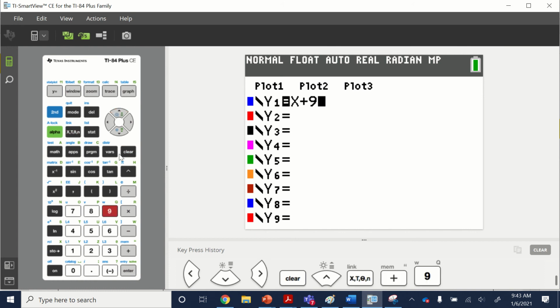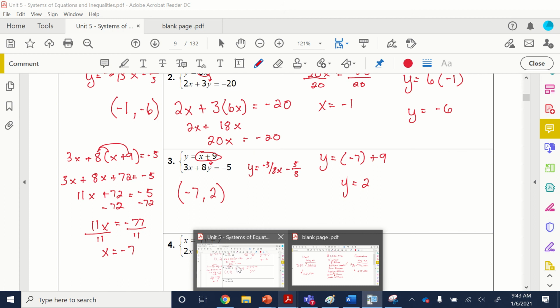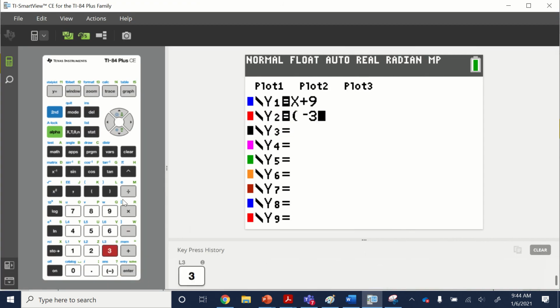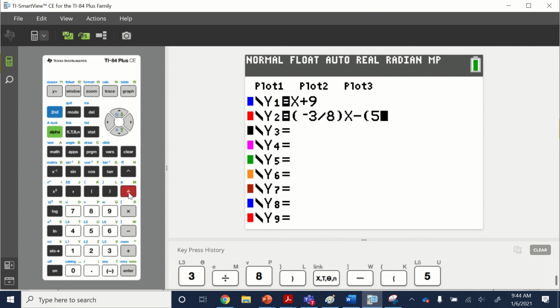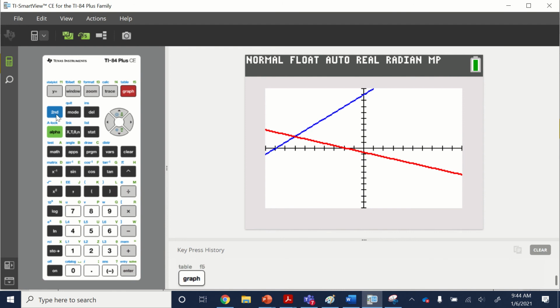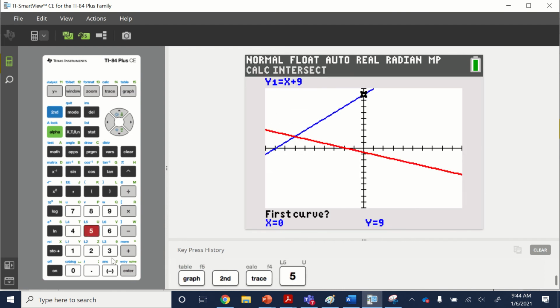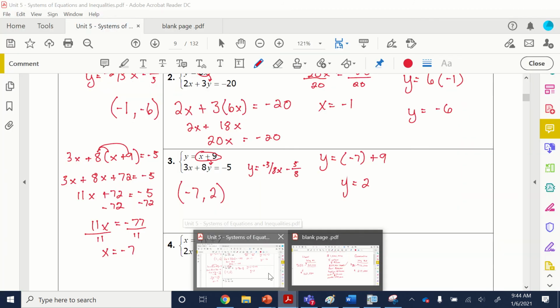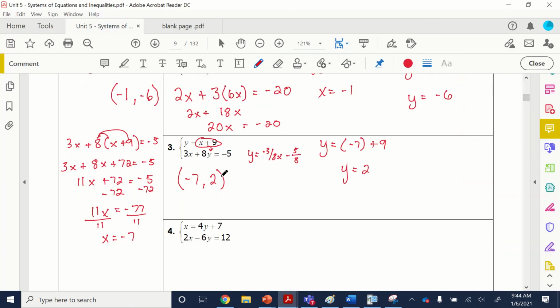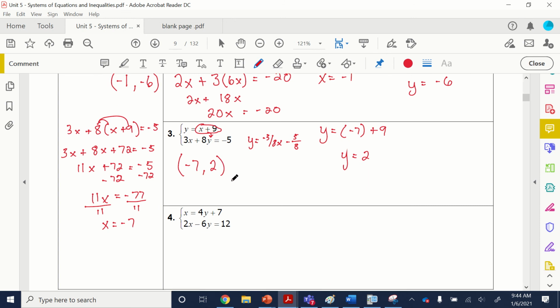X plus 9, y equals negative 3 over 8x minus 5 over 8. Second trace, intersect. Yes, yes, negative 7, 2. Same answer. They both work. Both methods work. One of them is faster. That's okay.